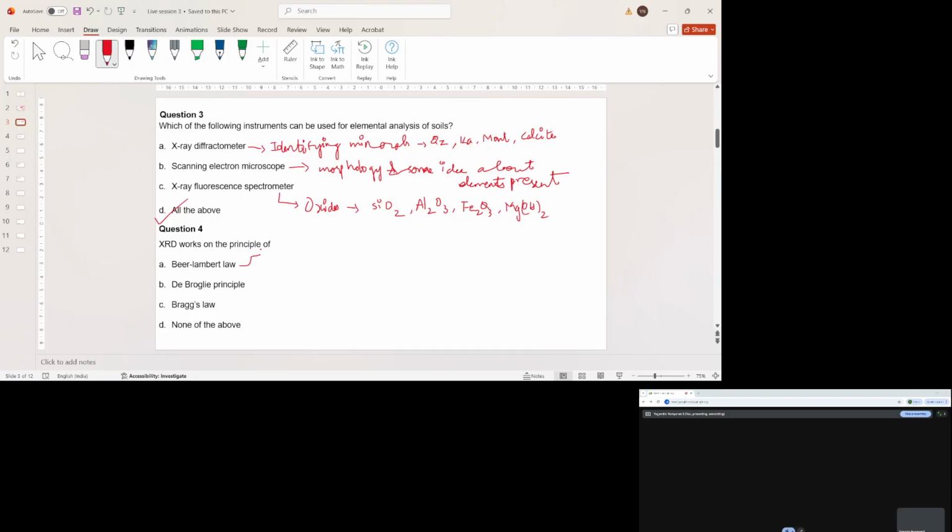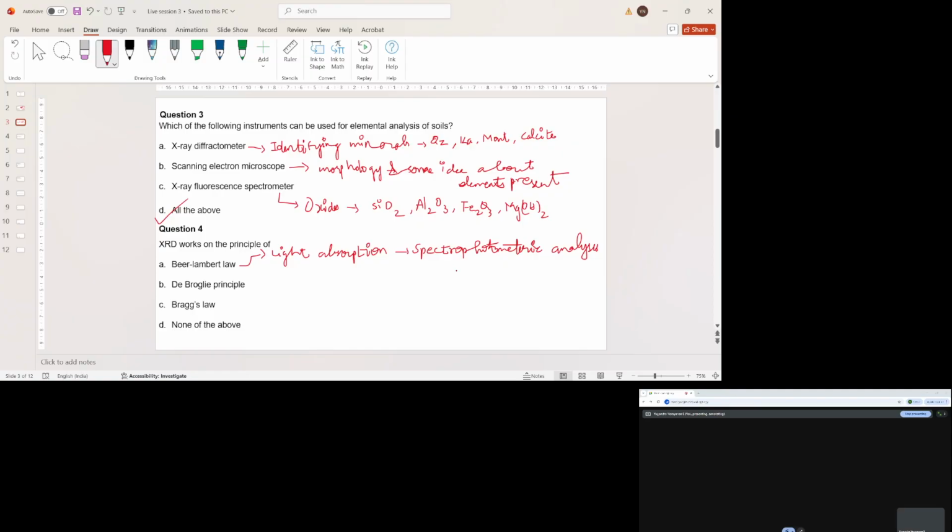which relates light absorption, and is used in spectrophotometry analysis.